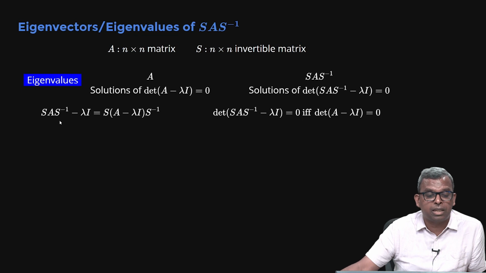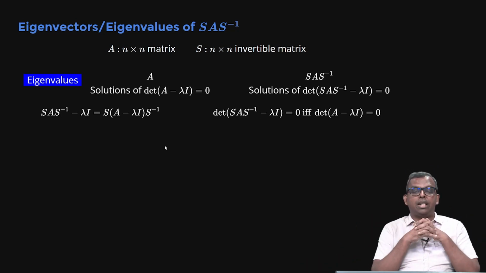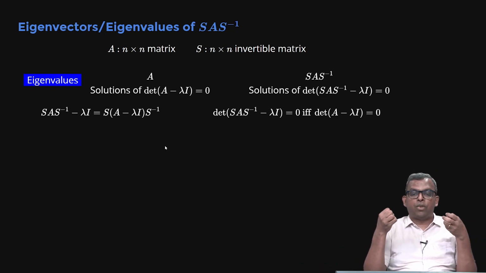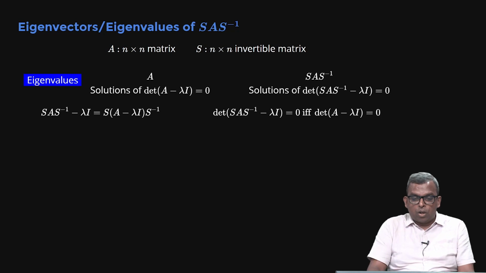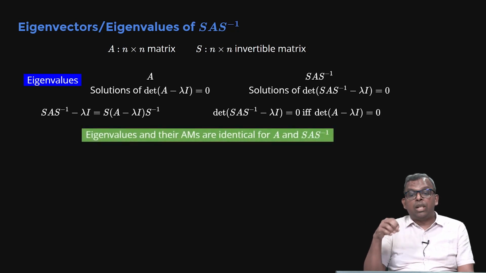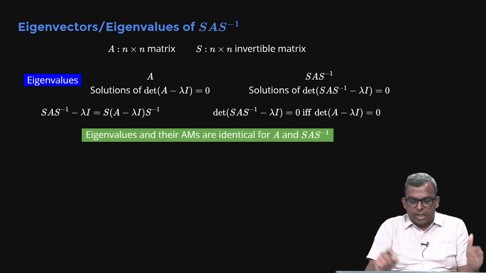Take the determinant on both sides: the left-hand side is determinant of S times determinant of S inverse, which cancel to give 1, so it equals determinant of A minus lambda I. In fact, these two are identical. So the eigenvalues and their algebraic multiplicities are identical for A and S A S inverse. This is quite easy to see.